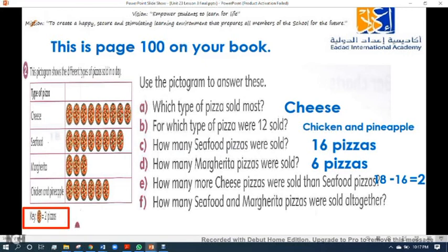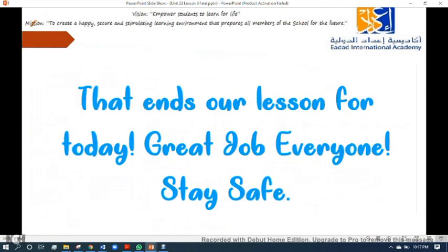So we know that seafood pizzas is 16 and the margarita is 6. So we will just add 16 plus 6, which is equal to 22. The total of seafood and margarita pizzas was 22 altogether.